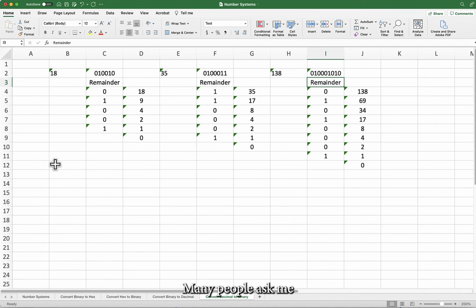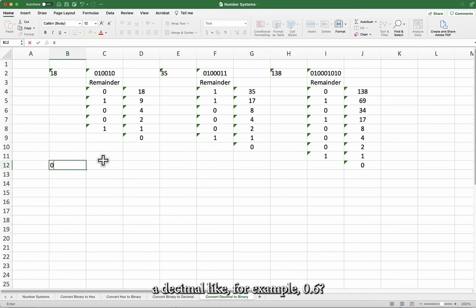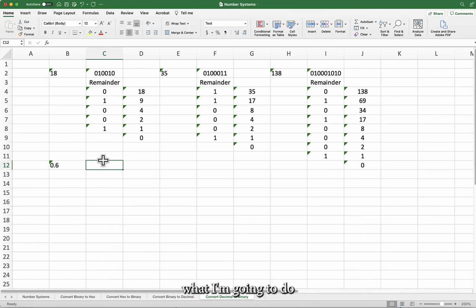Many people ask me, what happens if they give me a decimal, like for example 0.6? How do I convert that to a binary fraction? Well, what I'm going to do is take the 0.6 and multiply it by 2, and I'm going to get 1.2.